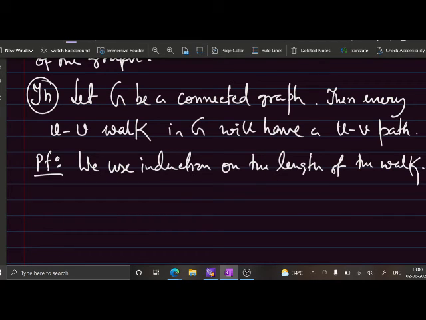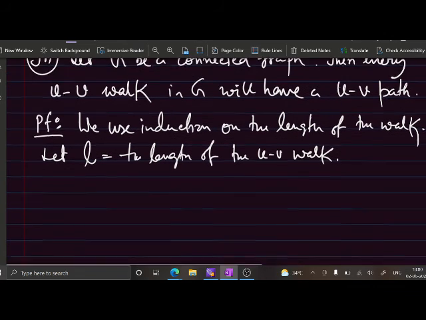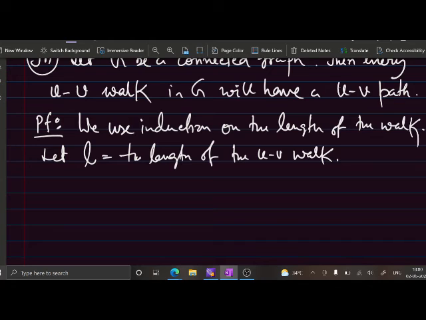Let L be denoted by the length of the UV walk. Now if L is 1, then the walk itself is a path, right?